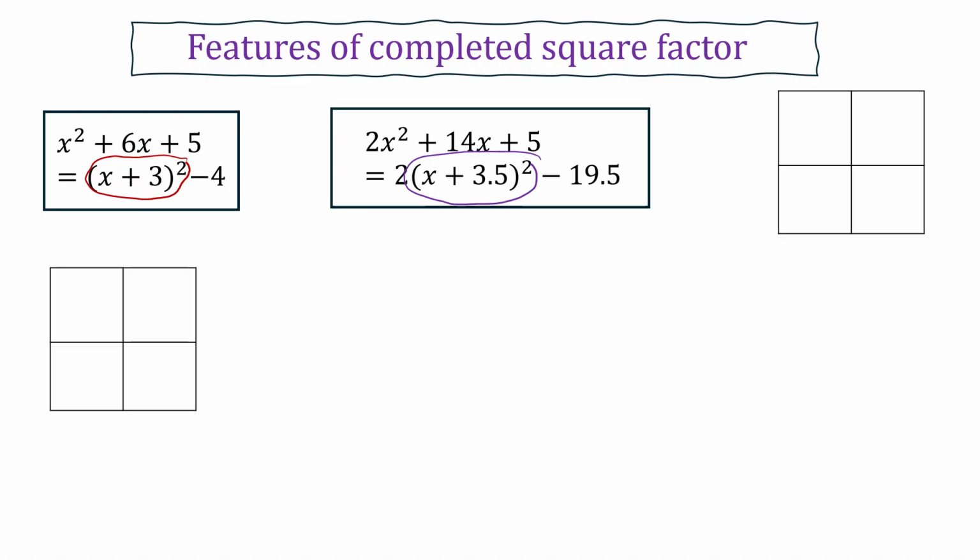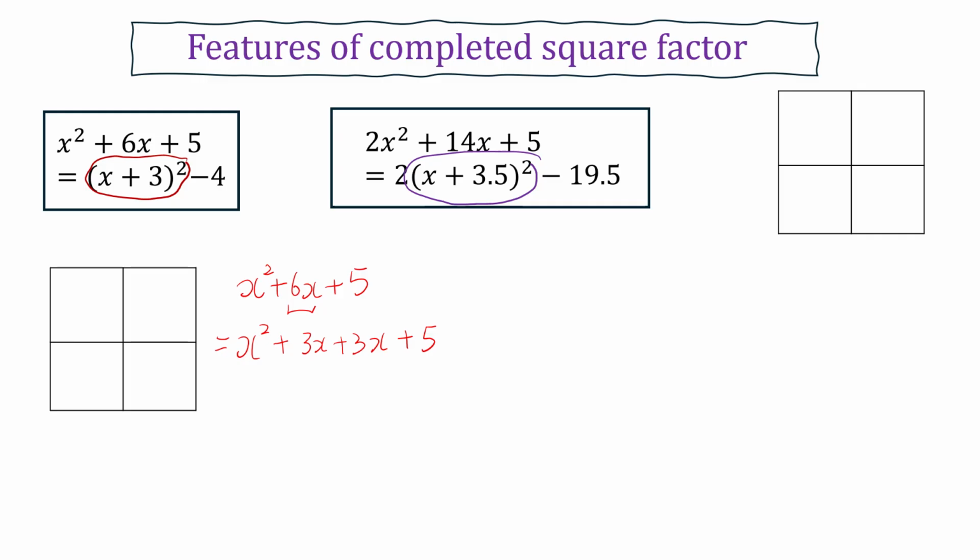Yes, let's look at the first quadratic expression, x squared plus 6x plus 5. We can rewrite it as x squared plus the 6x. We can break it up into 3x plus 3x.